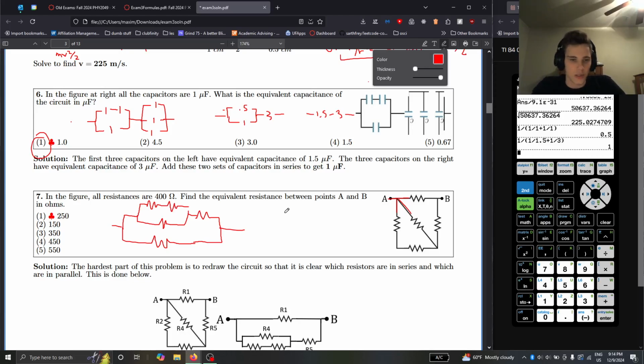The resistors add oppositely. So what that ends up meaning is that here, when you add these two for 400, they become 800. And this stays as 400. This one can be 400. And this one can be 400.